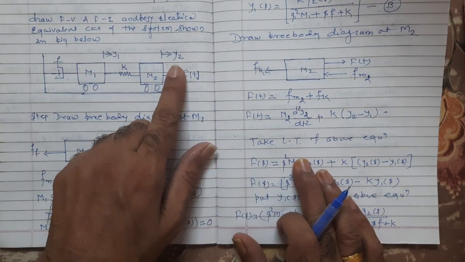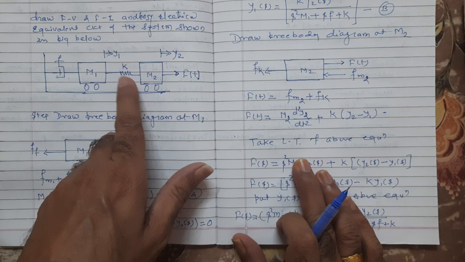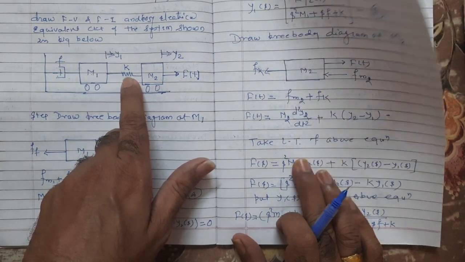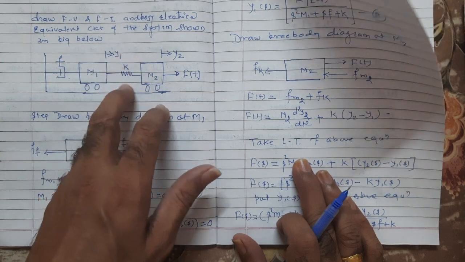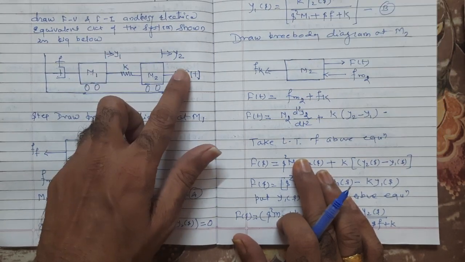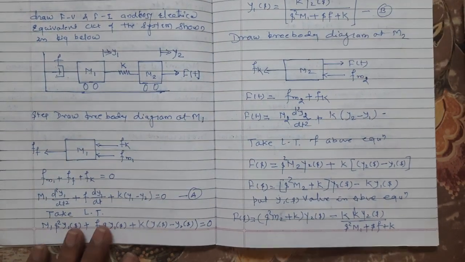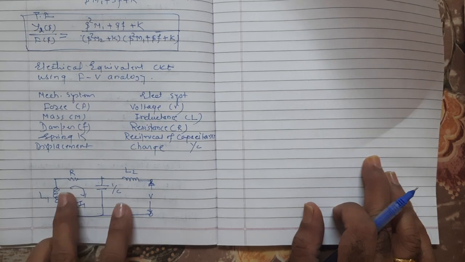Okay. Now the second current, that is I2, is flowing through what? L2 and 1 by C, that is the reciprocal of the capacitance. That means 1 by C is carrying two currents, one is I1 and one is I2. So that's why we have taken 1 by C as common to both the loops.